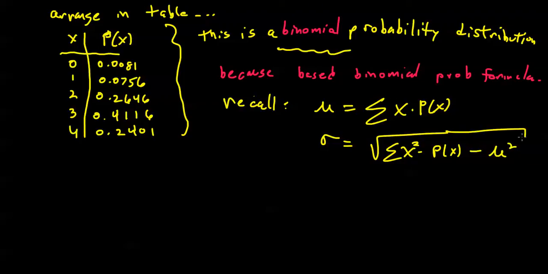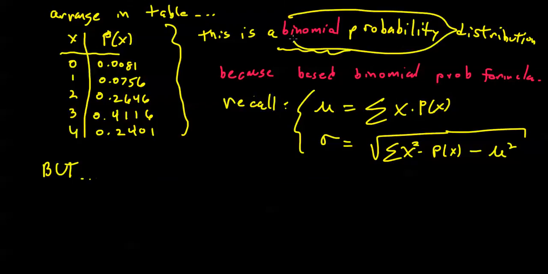And as we saw in section 5.2, working out these formulas, these 2 formulas, can be a little bit cumbersome, depending on the situation. But I have good news. If you can justify a binomial experiment or a binomial probability distribution, these formulas are quite a bit easier.